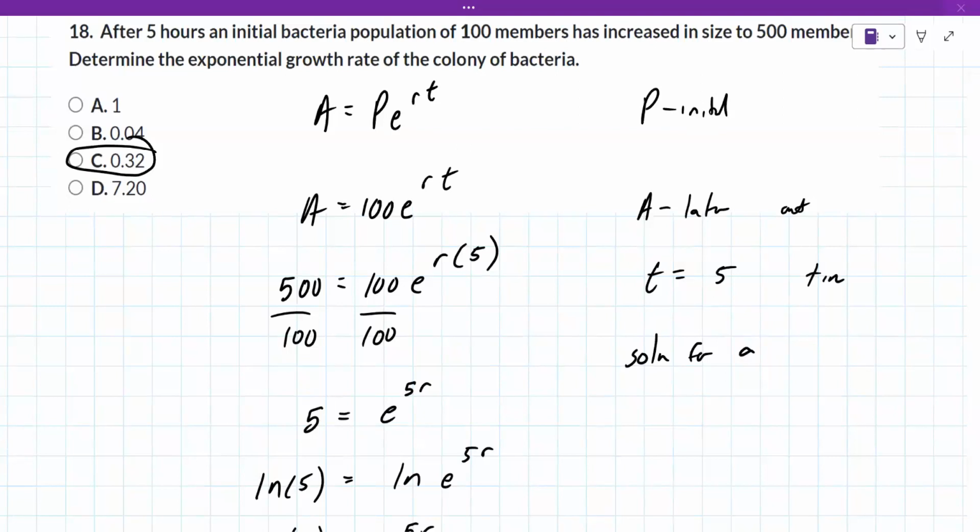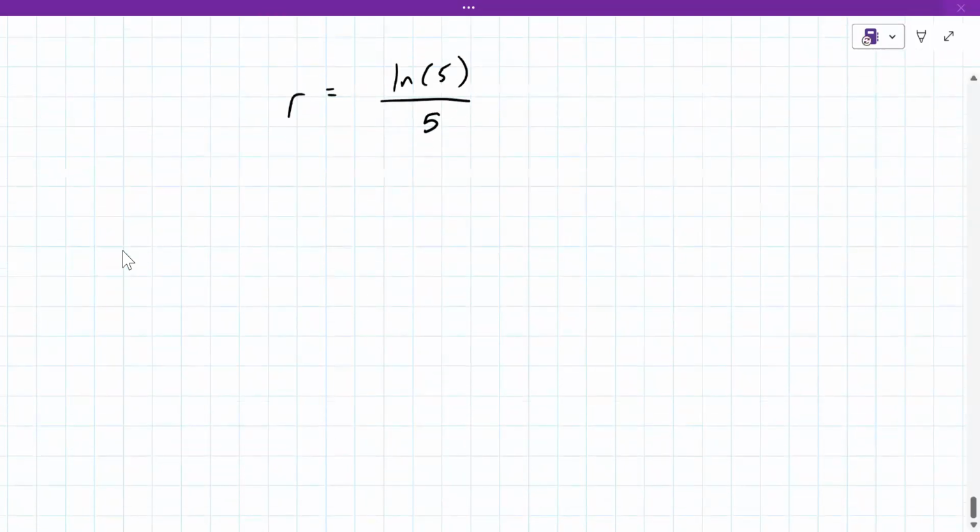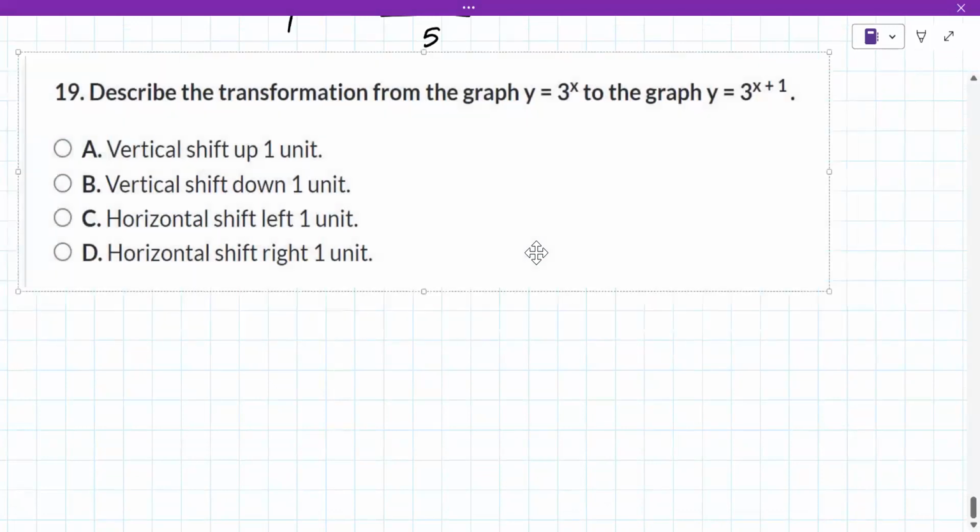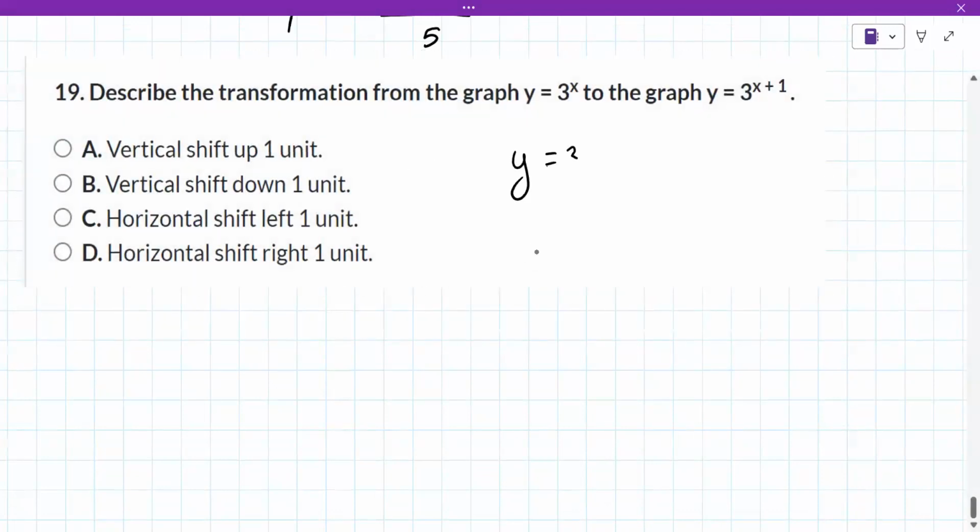So the next two problems are going to require some graphing here. What I'd like you to do is go to Desmos and type in y equals 3 to the x, and then hit enter and go y equals 3 to the power of x plus 1 in parentheses. So I'd like you to graph both of those, and maybe you'll see the answer. It should be clear, but sometimes with exponentials, it's harder to see than with, say, quadratics, where the movements are very, very calculated.